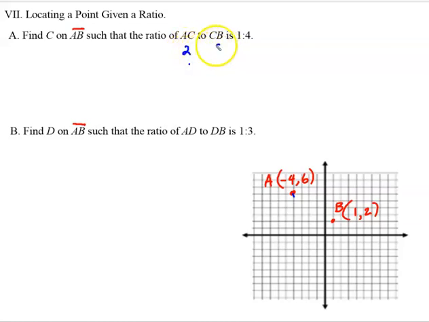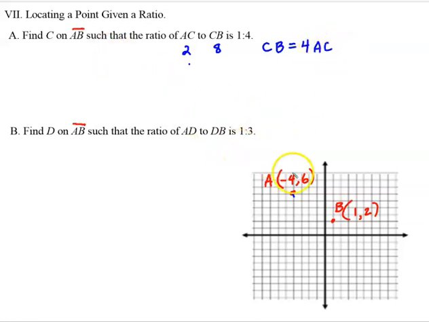If AC is 2, then CB is 8. So another way of saying that is CB is 4 times AC, right? So we could do some algebra like this. CB is equal to 4 times AC.